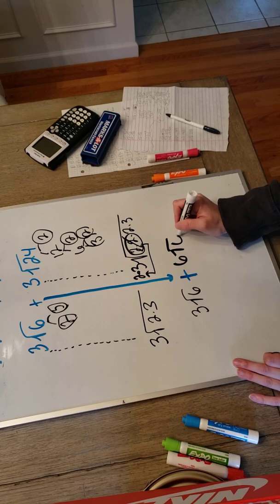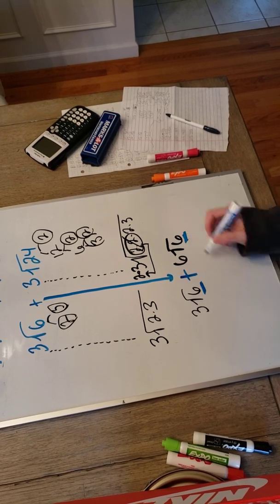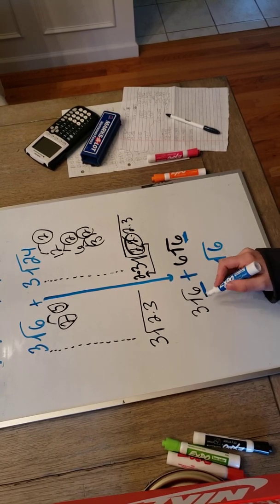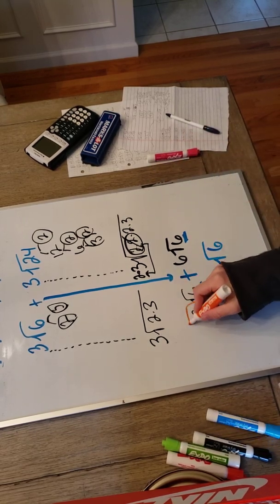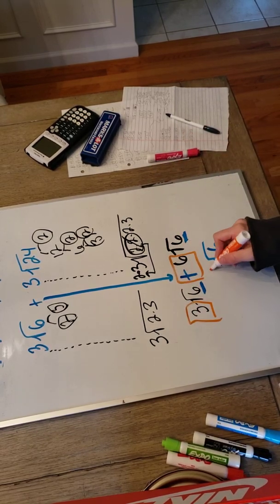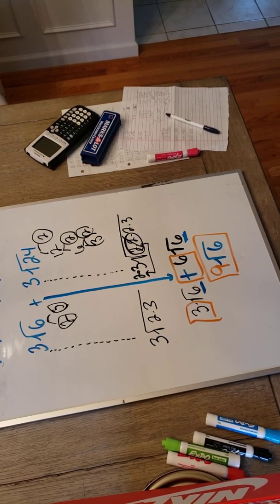Are the numbers under your radical the same? Yes, they are. So drop that down. And then we have 3 plus 6, which is 9. So your answer is 9 radical 6.